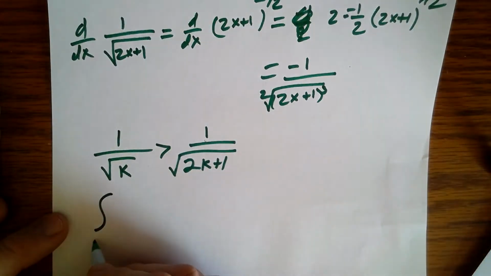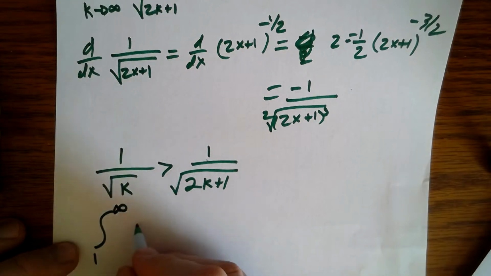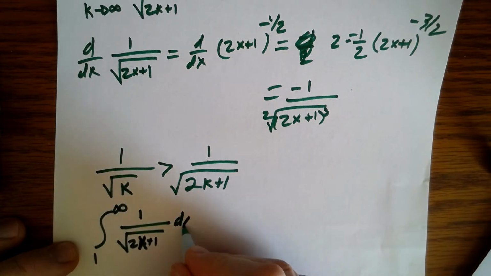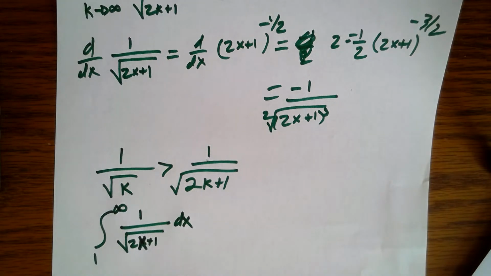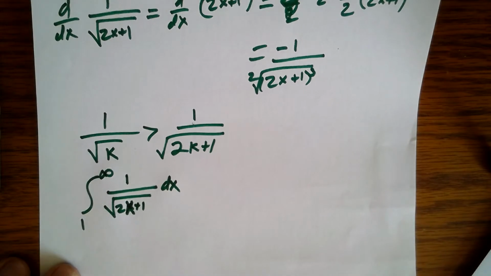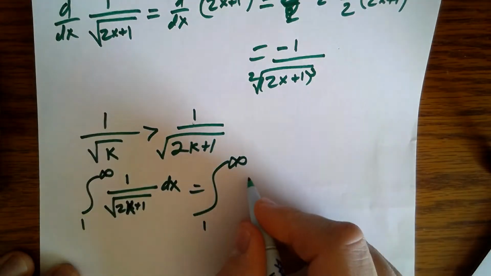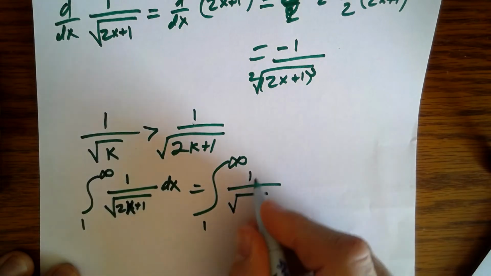So let's take the integral from where the series starts, 1 to infinity, of 1 over the square root of 2x plus 1 dx. Again, I like these as a power, though of course you don't have to do that.